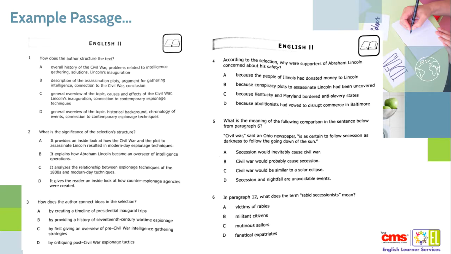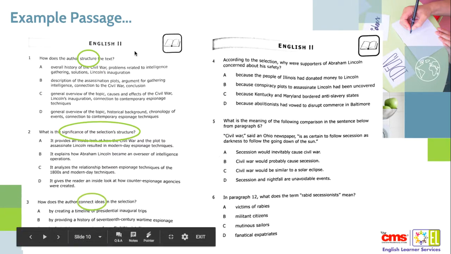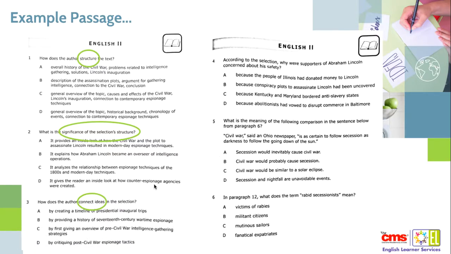As an English 2 teacher, I want my kids to know that there are actually 8 questions in this passage, but 3 out of the 8 questions are all dealing with structure. That's really important to me that they understand, because there are a lot of other things the test could be asking about when it asks about a text, but if 3 out of 8 of the questions are about structure, that is where their focus is.